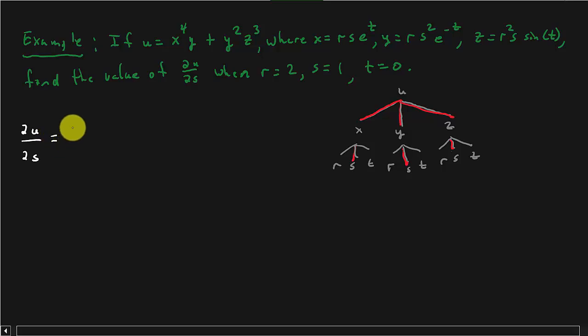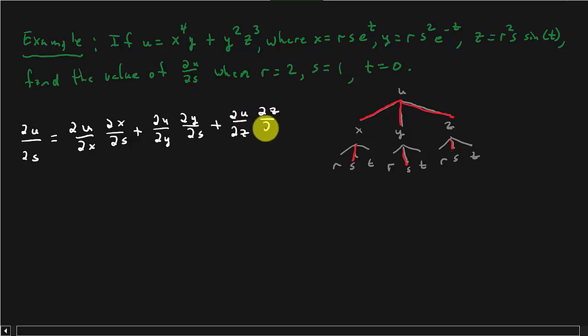All right, so that's going to be the partial of u with respect to x times the partial of x with respect to s, plus the partial of u with respect to y times the partial of y with respect to s, plus the partial of u with respect to z times the partial of z with respect to s. All right.